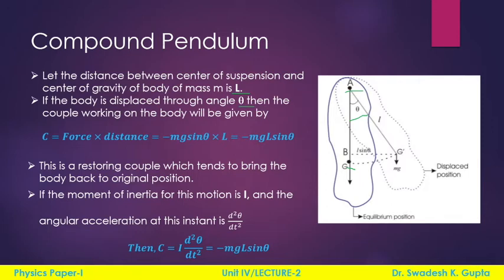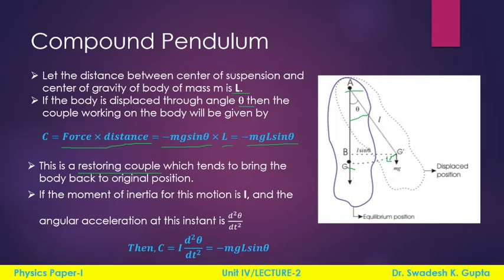a couple will work on the body, which is given as force into distance, and the force here is minus mg sine theta, which we have already discussed in the simple pendulum, and L is the length. So the couple will be minus mgl sine theta. Now this couple is a restoring couple, just like there was a restoring force in the simple pendulum.